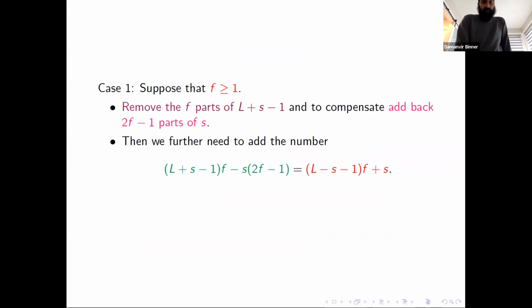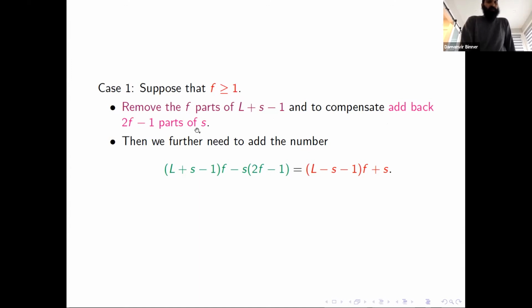So finally, we describe our map in the various cases. Case 1, suppose that f is greater than or equal to 1. In this case, we remove all the f parts of L plus s minus 1, and to compensate, we add back 2f minus 1 parts of s.